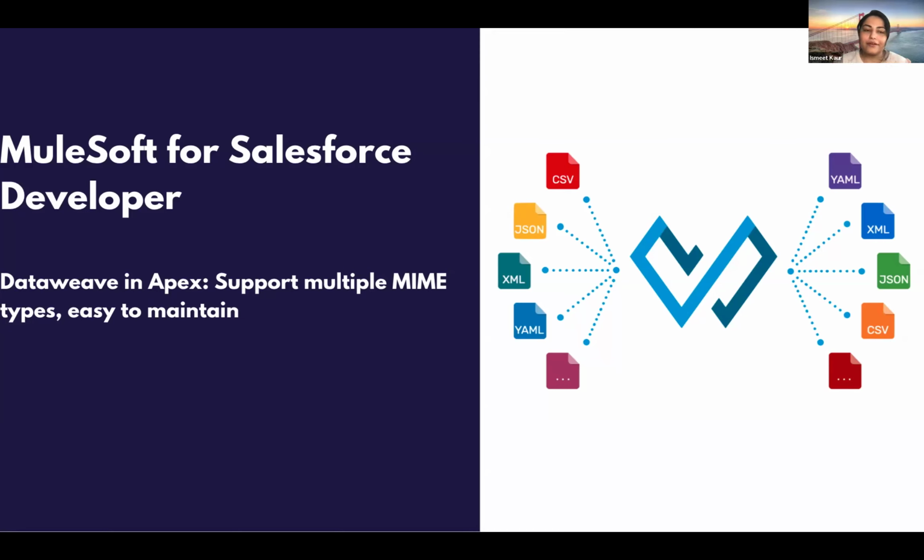So you can leverage DataWeave within your Salesforce ecosystem and your Apex world to start manipulating your data as you need it. You don't have to go online, search for an Apex snippet of code, and do very complex transformations to be able to transform your data.